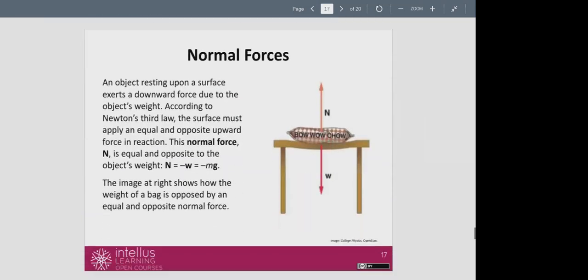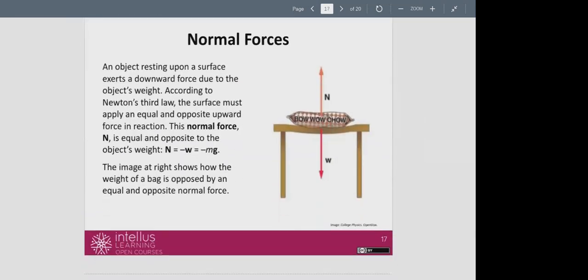Normal force. This is another one of those special forces that is present when objects are touching. Anytime an object is resting on a surface, gravity pulls on that object and exerts a force on it, creating the object's weight. You can see the picture on the right where the dog food, the Bow Wow child, is sitting on a table.